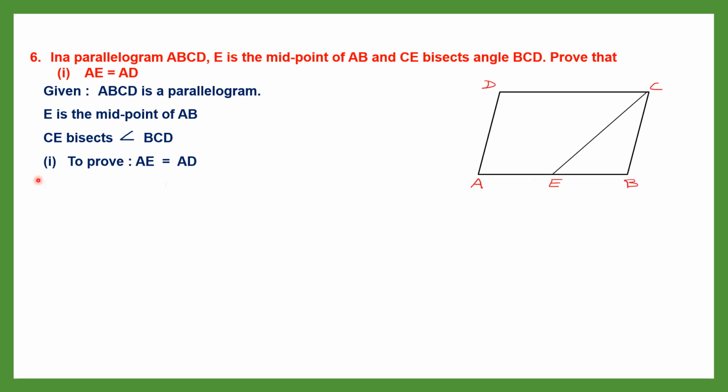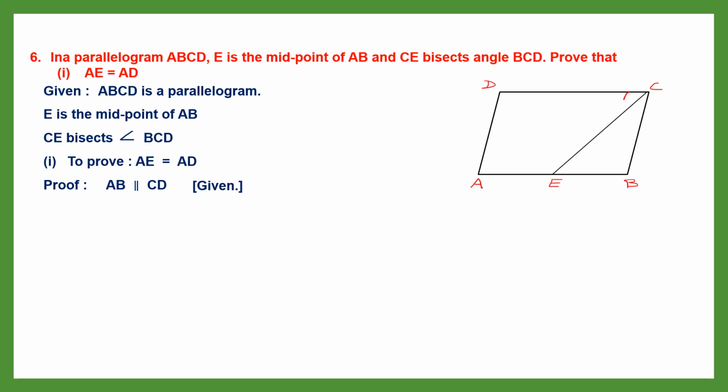We have to prove. So the first part of the proof is that AB is parallel to CD. And that we know because this is a parallelogram, that means this is given to us. AB is parallel to CD. So in that case, we can take EC as the transversal. If EC is the transversal, the angle here, we can call it angle 1.